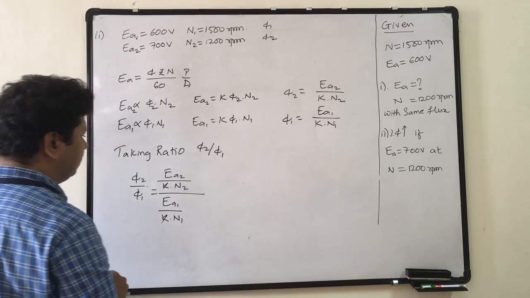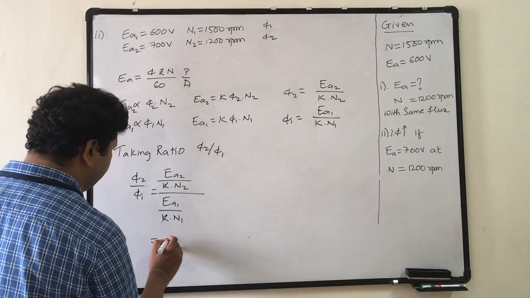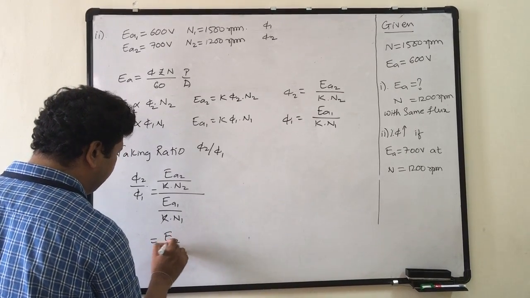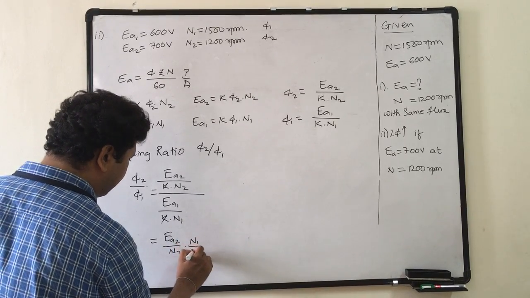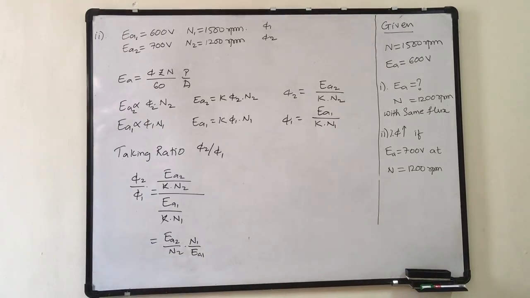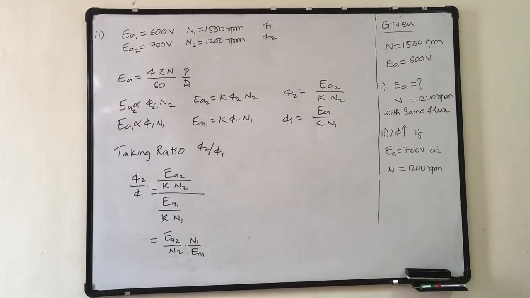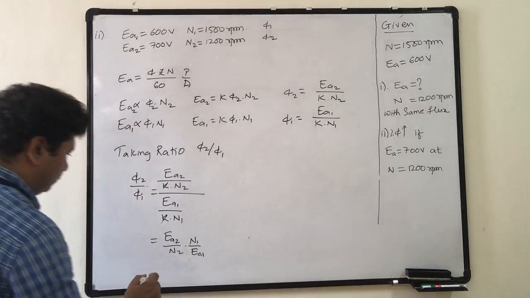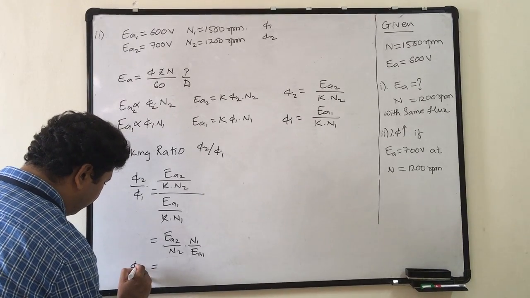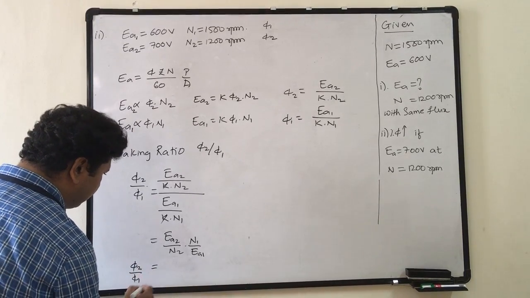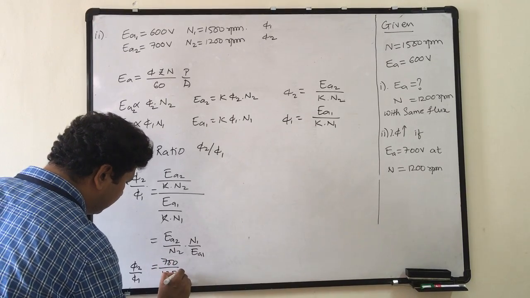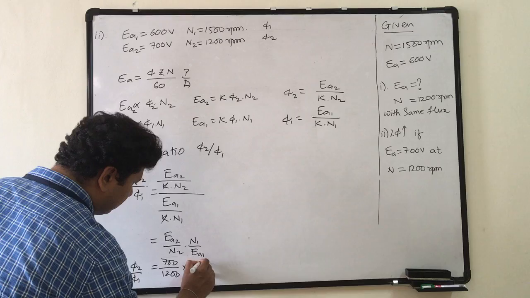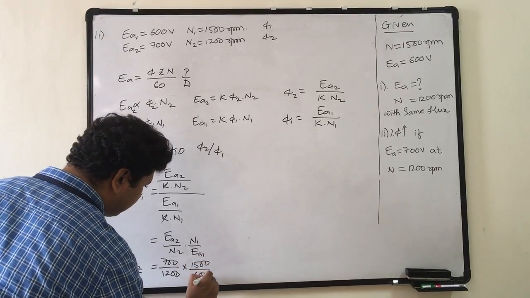K will cancel, and this equals EA2 by N2 into N1 by EA1. So phi 2 by phi 1 is equal to 700 by 1200 into 1500 by 600.